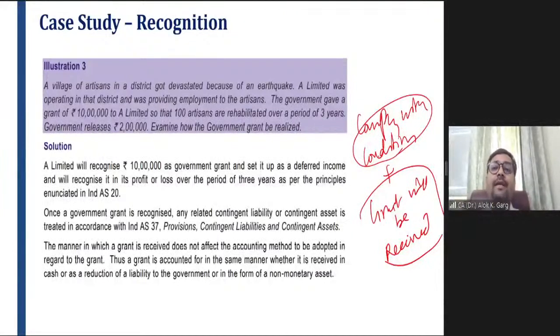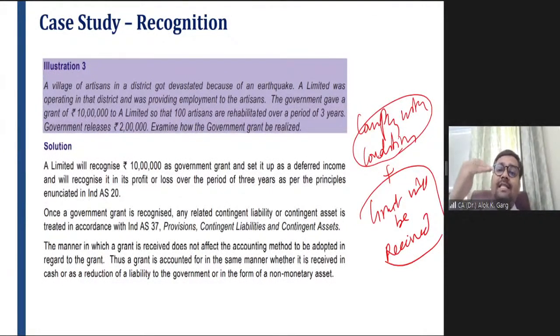And the accounting entry will be bank account debit 2 lakh rupees, to deferred government grant 2 lakh rupees. Second entry, or you can say bank account debit 2 lakh, grant receivable 8 lakh, to deferred government grant 10 lakh. Understood?